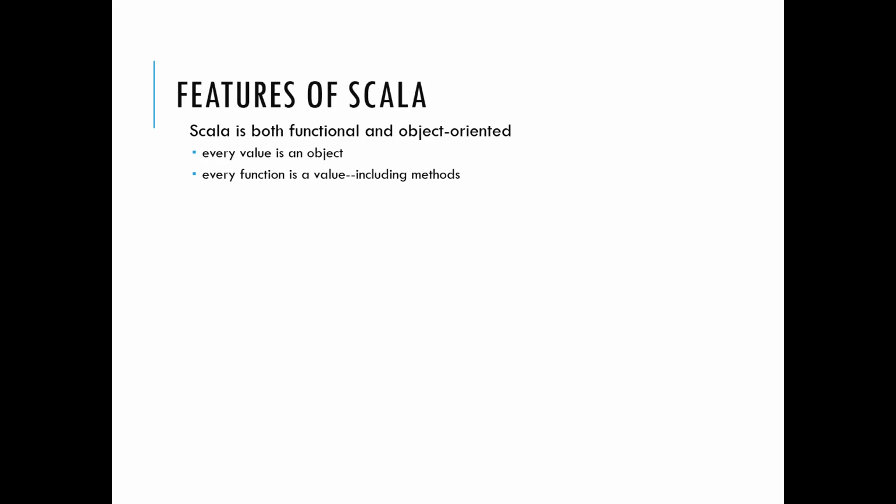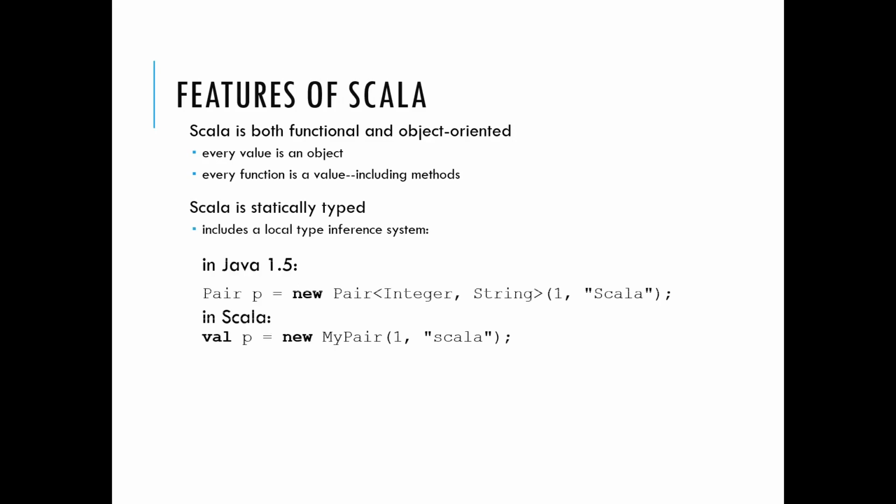Behavior, in other words, is known as a method or function. So here, everything in Scala is treated as an object instead of treating them as a primitive type. That's the first thing to understand.